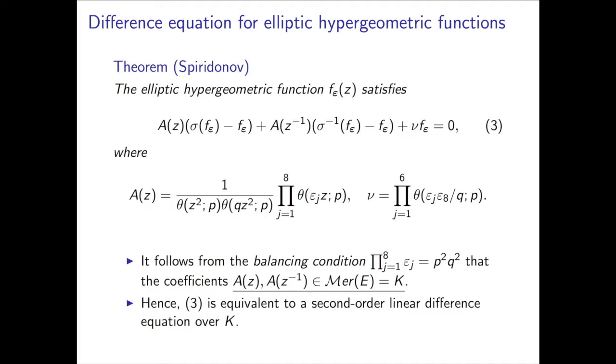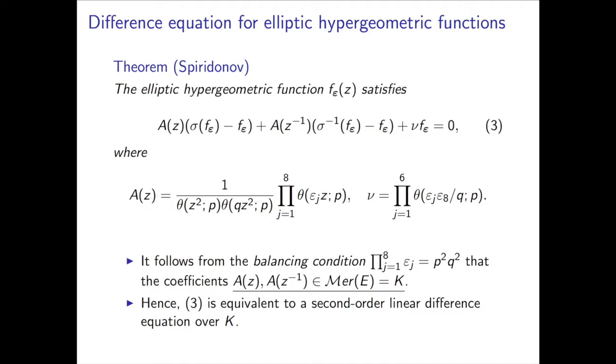But what happens is that this balancing condition that I insisted on drawing your attention to earlier ends up forcing, and actually being equivalent to, asking for an a of z written in this way to be p-periodic. Okay. So the balancing condition that I have to have my epsilons satisfy ends up meaning that my elliptic hypergeometric function satisfies this difference equation over K.